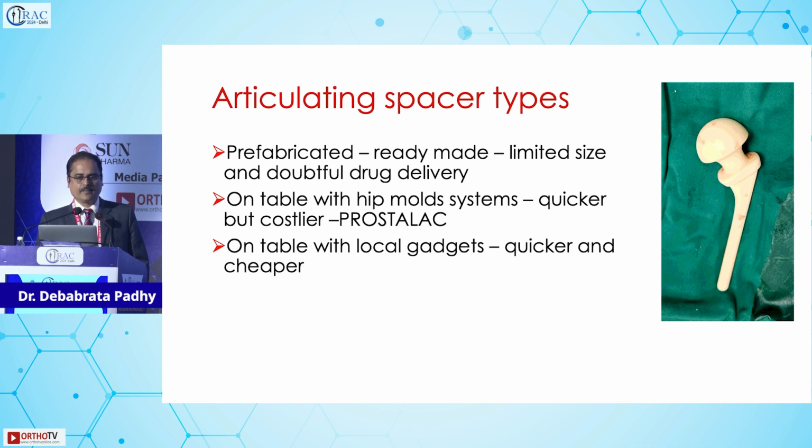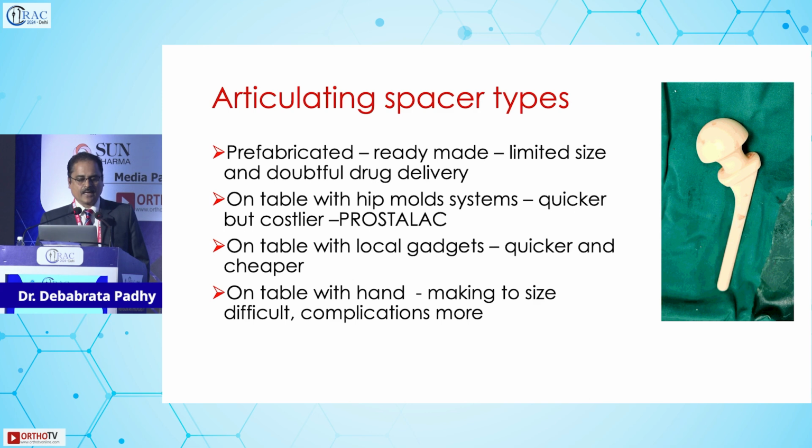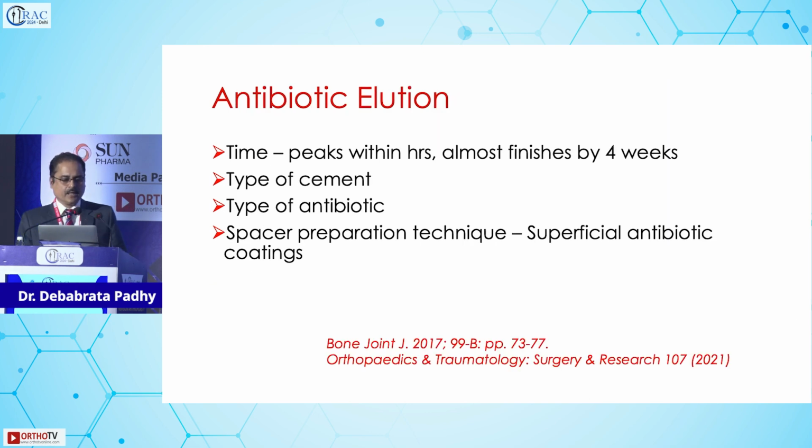And on table we can make them with local gadgets, which is quicker and cheaper, and with hand it is associated with more complications. The antibiotic elution in these cases peaks within hours and almost finishes by 4 weeks. So beyond 4 weeks, it acts as a spacer only. The type of cement and the type of antibiotic decide the elution.